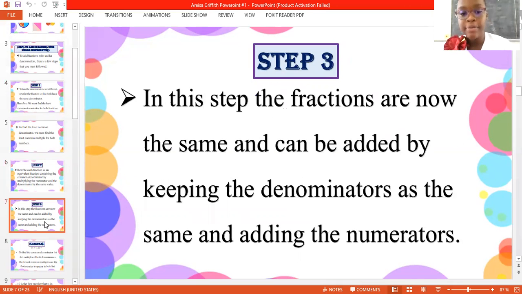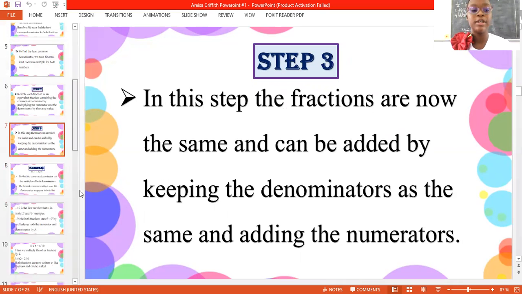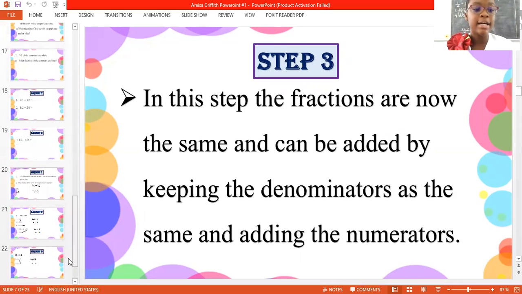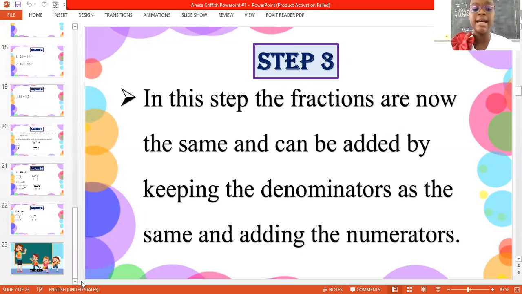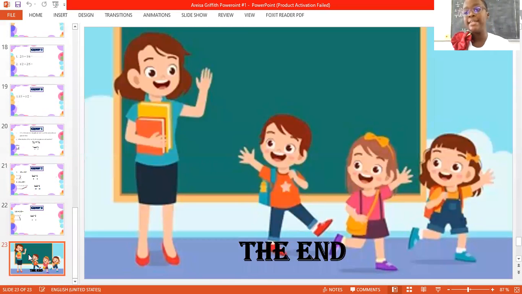And step 3, since the fractions now have the same denominator, we add by keeping the denominator and adding the numerators. So I hope you all have learned a lot in this lesson. That has brought us to the end of this lesson, and I will see you next class.